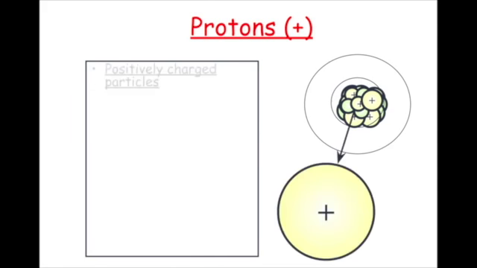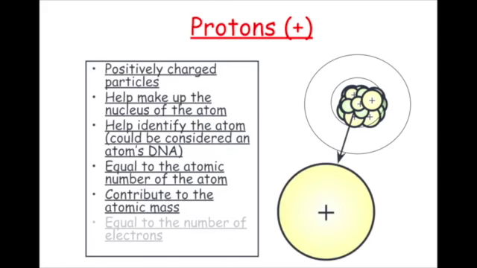So first, protons are positively charged particles, help make up the nucleus of the atom, help identify the atom, which is considered the atom's DNA, equal to the atomic number of the atom, contribute to the atomic mass, and equal to the number of electrons.